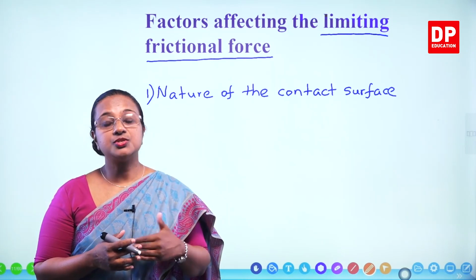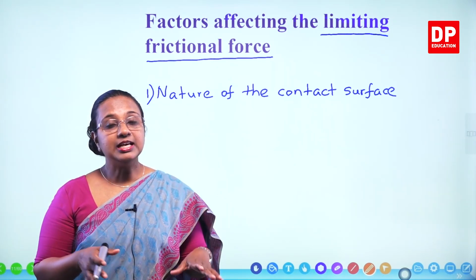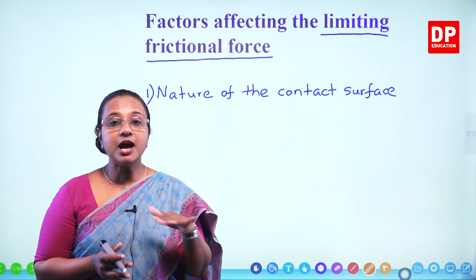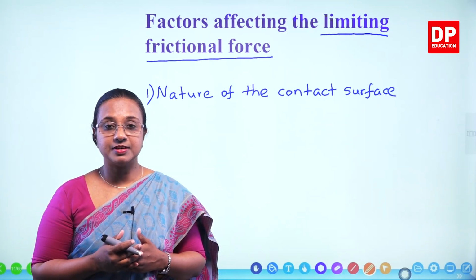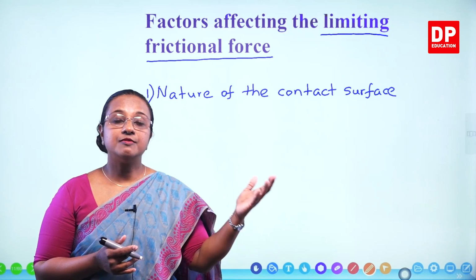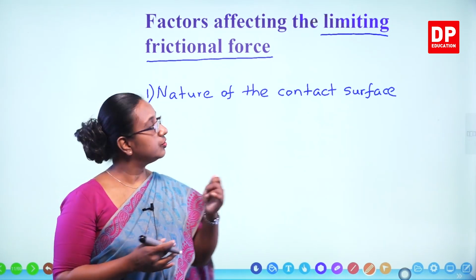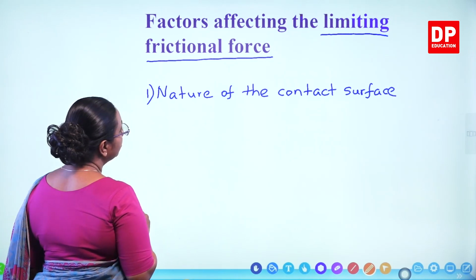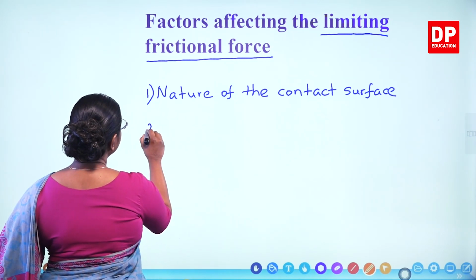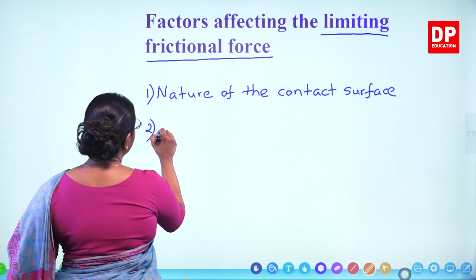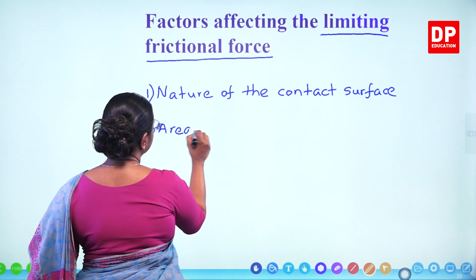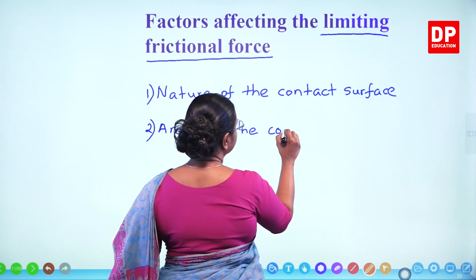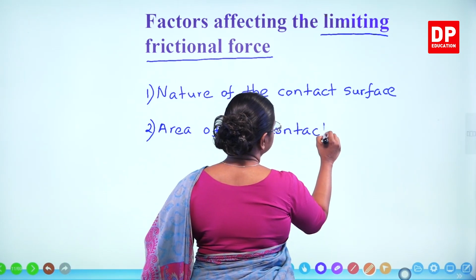So let us also check whether the cross-sectional area or the area of the contact surface affects the frictional force. So that is the second factor we need to check. So here I will write down area of the contact surface.